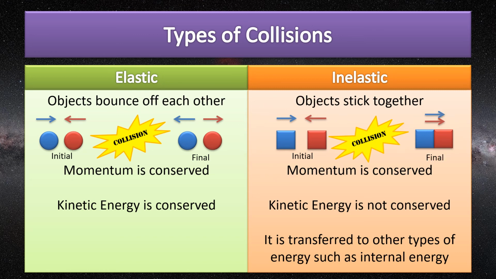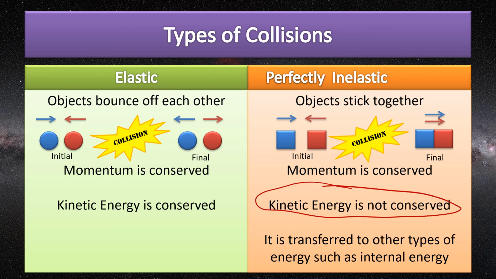Now, the objects actually only stick together if it's considered a perfectly inelastic collision where you get the maximum amount of kinetic energy being lost. It's perfectly inelastic if the maximum kinetic energy is lost, and in those situations they stick together. Technically, you could have a somewhat inelastic collision where they do bounce off each other, but you're still going to lose some kinetic energy to other types of energy.